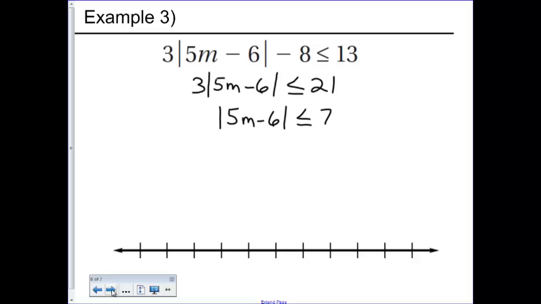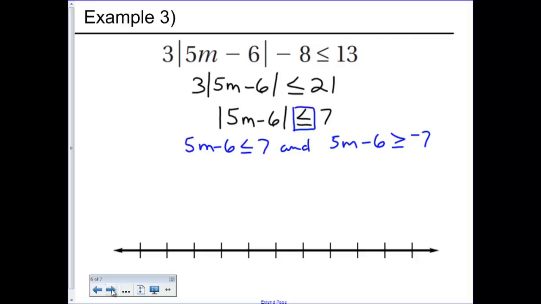And again, the inequality symbol is facing away from the absolute value, which means I will have an AND or an overlap scenario, one compound inequality. So 5m minus 6 is less than or equal to 7, and at the same time 5m minus 6 is greater than or equal to negative 7.